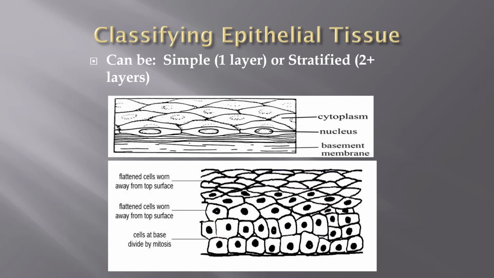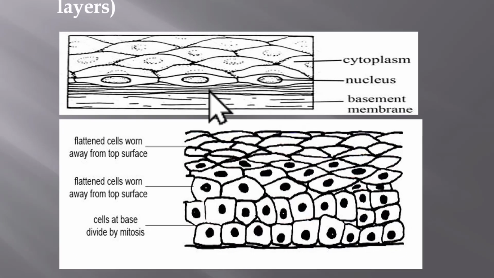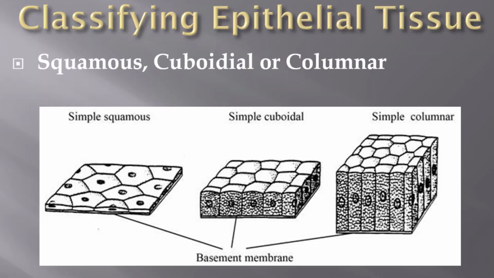It may be 2 layers, it may be 25 layers, like 30 layers like skin. Okay, but you have a basement, you have a layer of cells, and you have the apical edge. That is the simple. Okay, so if we take a look at this, you can see. All right, so these are all simple layers.